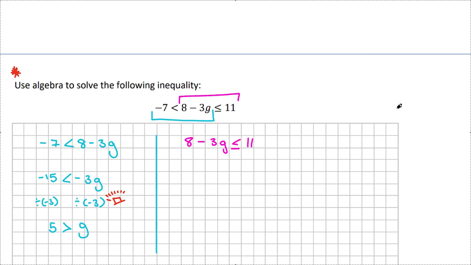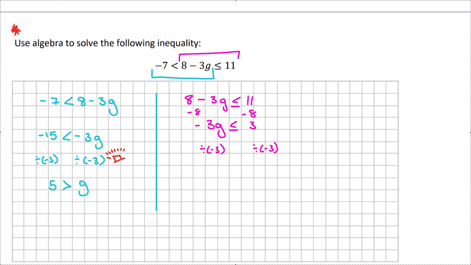Do the same sort of thing on the other side. So I'm just going to solve this. I'm going to take away 8 from both sides, and I get minus 3g is less than or equal to 3. Again, to get g on its own, I need to divide both by minus 3. And then what I'm going to get from here, if I've divided both sides by minus 3, is 1g, or just g.